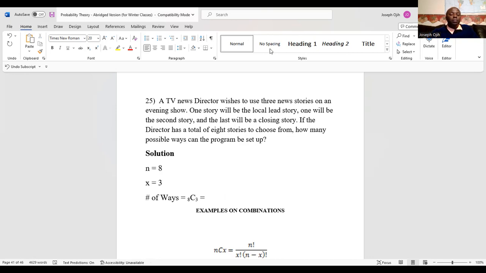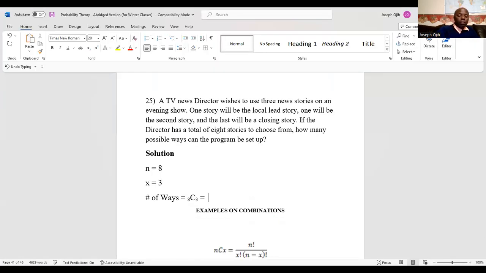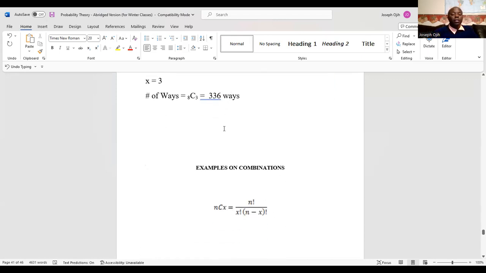We use the nPr key, 8, 3. You got 336. I gotta write it down. 336 ways.